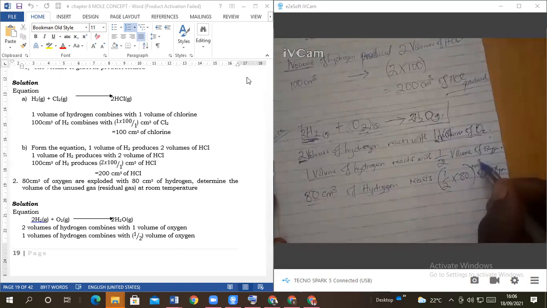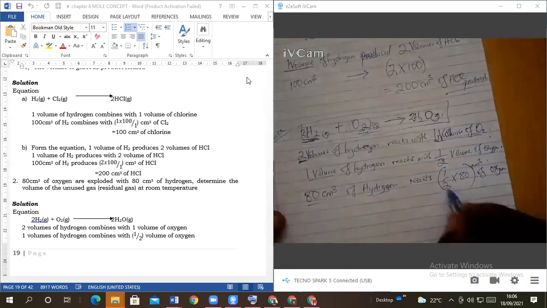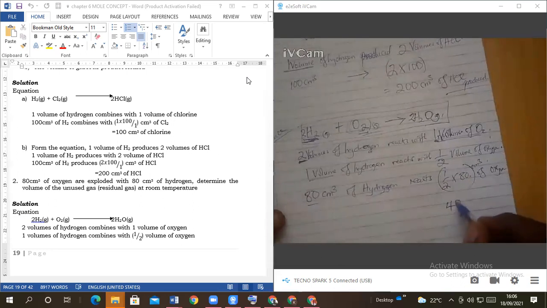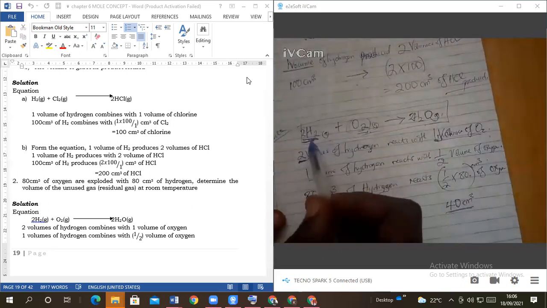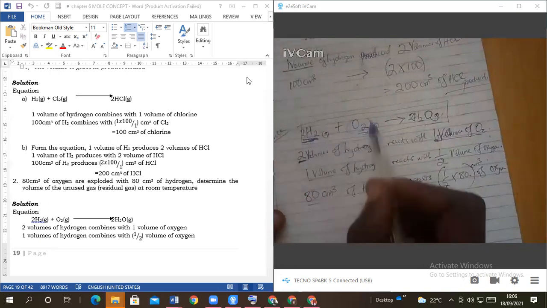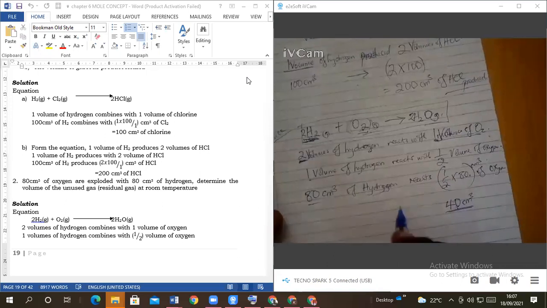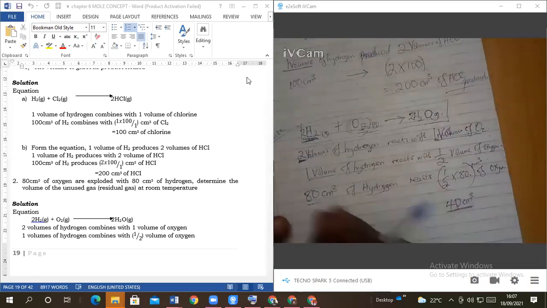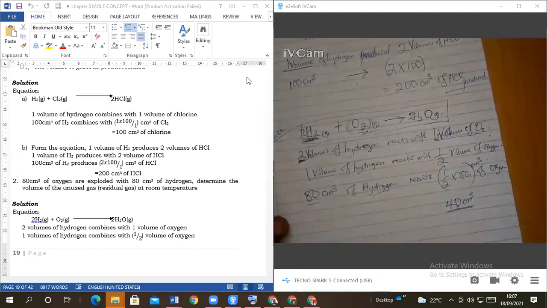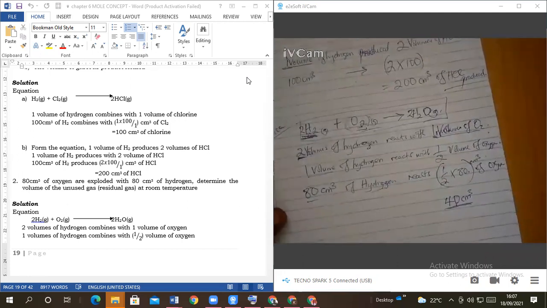So a half of this is what? 40 cubic centimeters. So you see, for you to explode hydrogen, you need a half volume of oxygen for it to react. If you use 40, you will use all the 80 of the hydrogen. So some part of the gas remained unused.